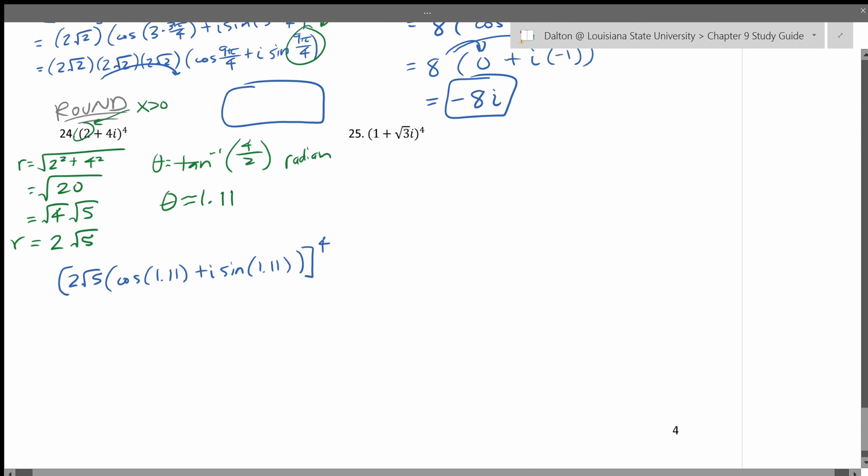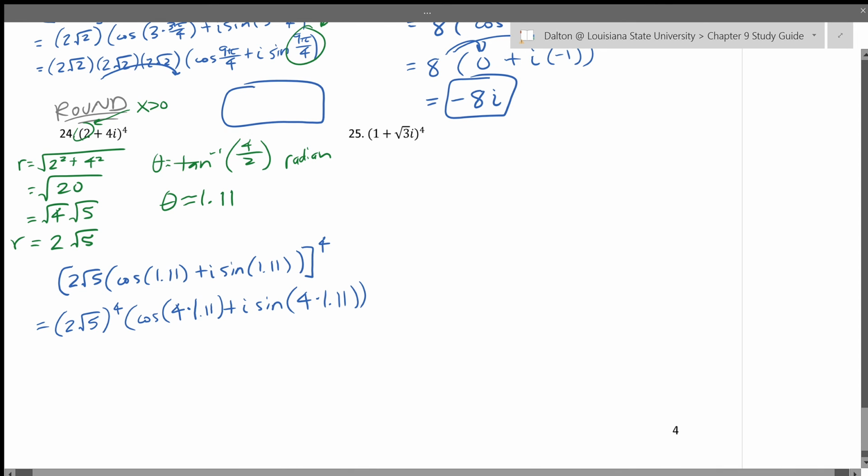Using De Moivre's theorem, we can do 2 square roots of 5 to the 4th power times the cosine of 4 times 1.11 plus i times the sine of 4 times 1.11.